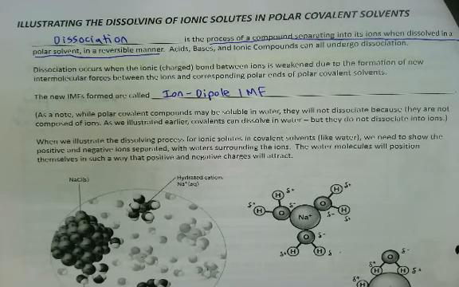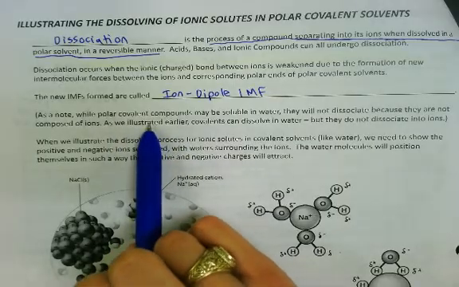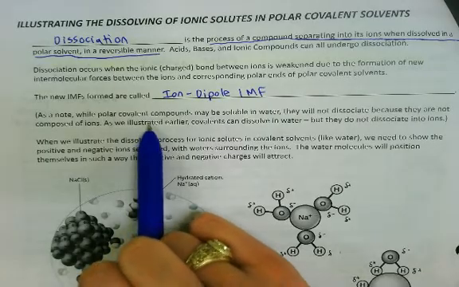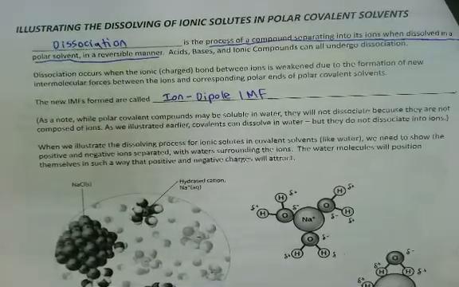Okay. And one thing to note that I will emphasize again later is that while polar covalent compounds can dissolve in other polar covalent compounds, they do not undergo this process of dissociation, okay?